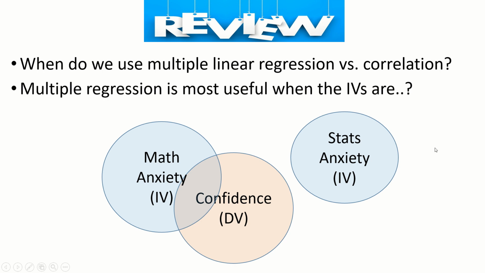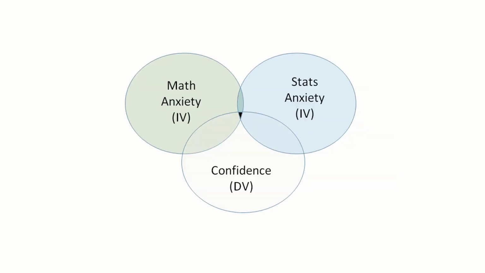Multiple regression is most useful when the independent variables are strongly correlated. If you remember in the last video, we saw what happens as the independent variables become more correlated with each other.